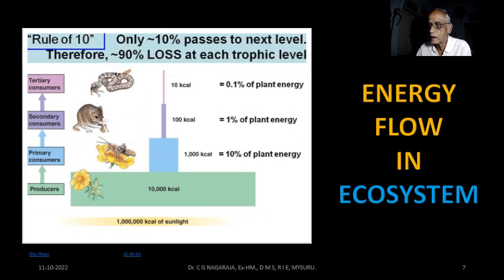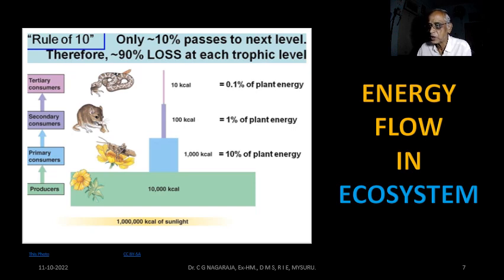Another concept you have to understand, may not be in detail but at least in simple terms, is called energy flow in our ecosystem. You know, plants manufacture food. To manufacture food, we require energy, also raw materials.